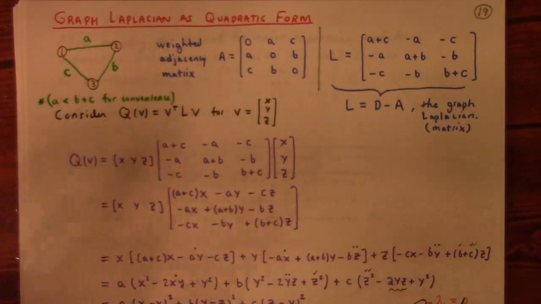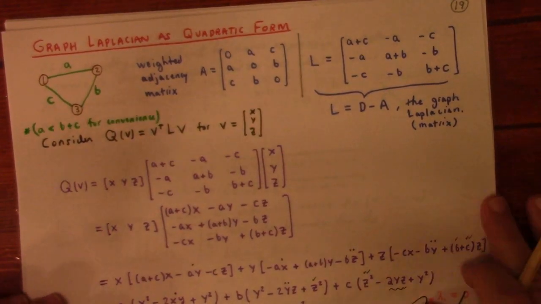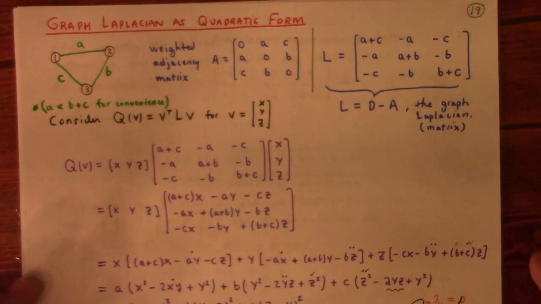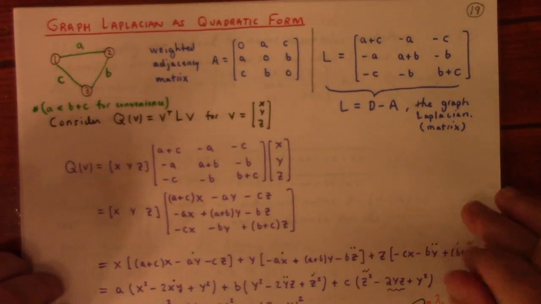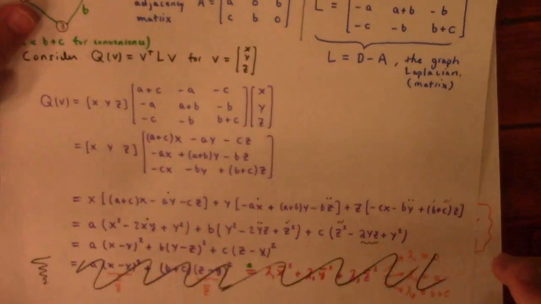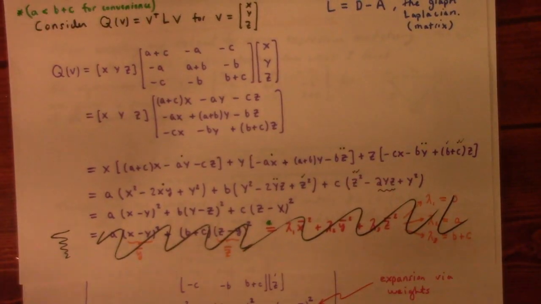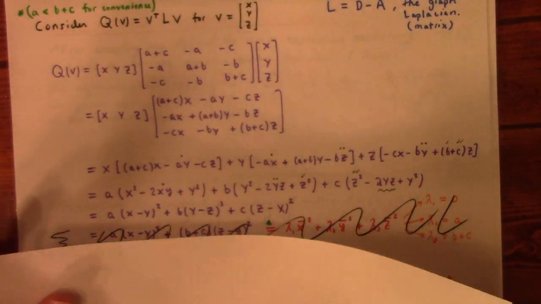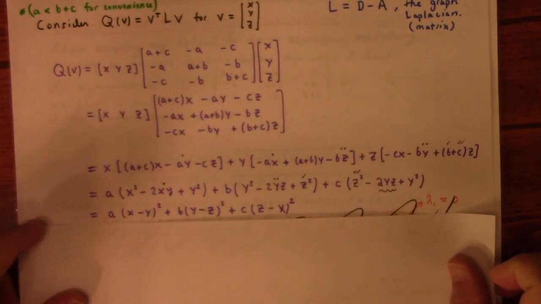All right, so let me talk about the homework, quote unquote homework. This was the offending example, and we have these two formulas which seem at odds. On the one hand, we've got x a times (x minus y) squared, b times (y minus z) squared, c times (z minus x) squared, right?